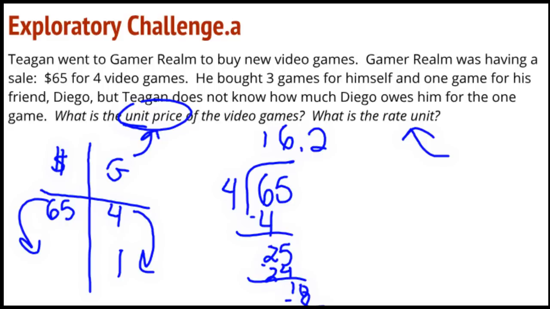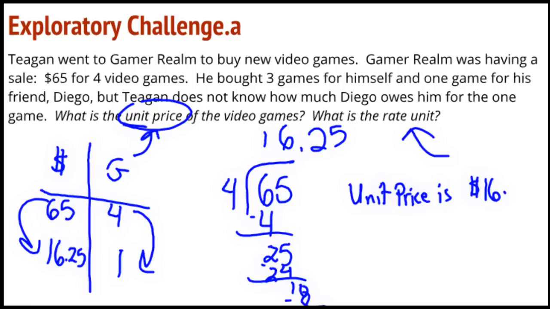I'm going to run out of writing room. And I find out that each of them is 16 and 25 hundredths. So the unit price is $16.25, and the rate unit is actually dollars per 1 game, dollars per game.